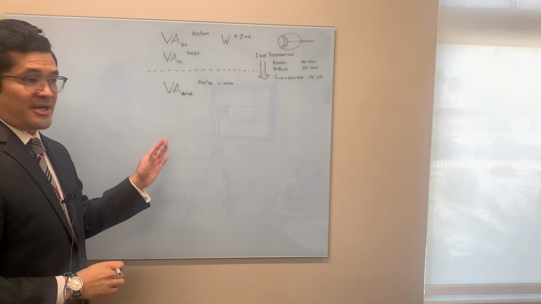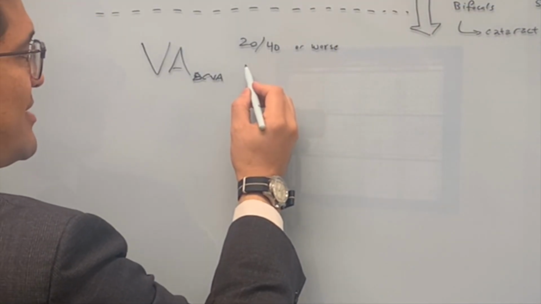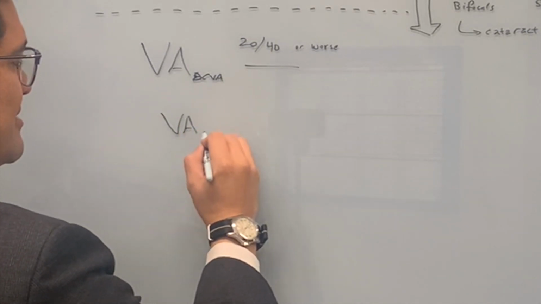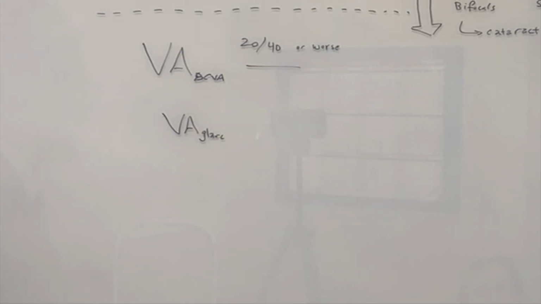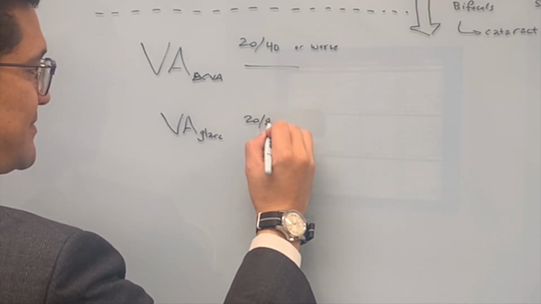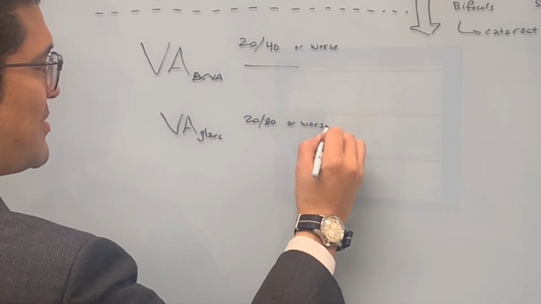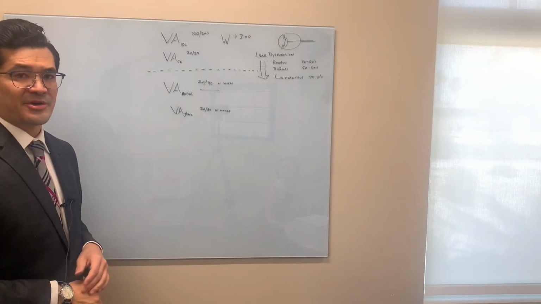That's classic training. Now, another secondary criterion would be, let's say, our glare. Let's say they're 20/30 minus a couple, they're not quite 20/40, but let's say their glare is 20/80 or worse. I think this is classically what most would consider some of the general criteria for cataract surgery.